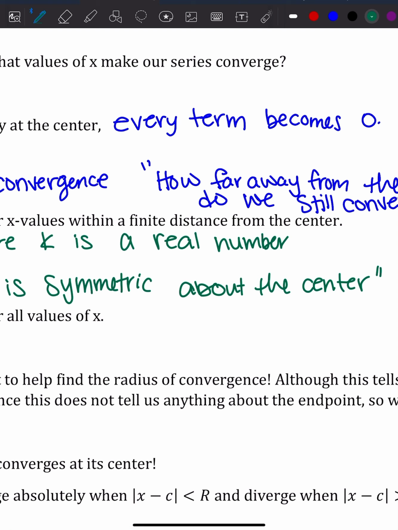So say our center is 3 and I have a radius of 5. I'm going to be 5 in both directions of 3. So 5 bigger than 3, 5 less than 3.